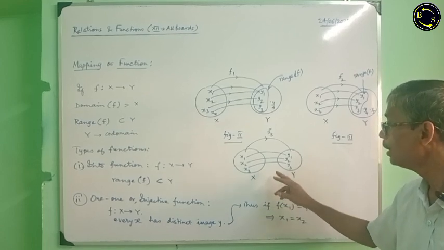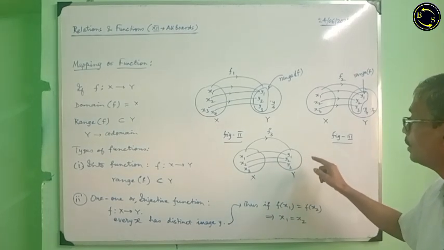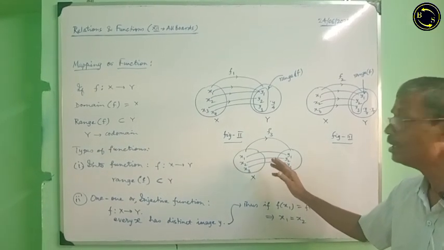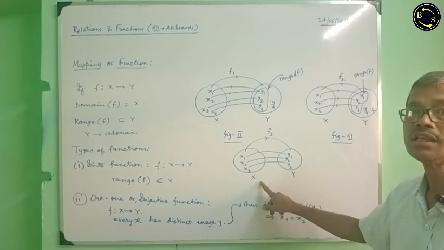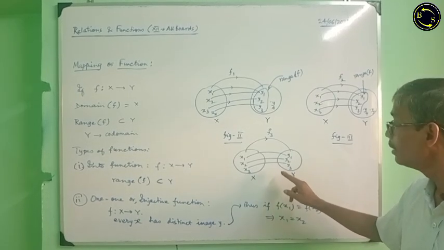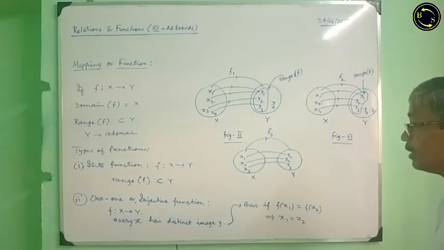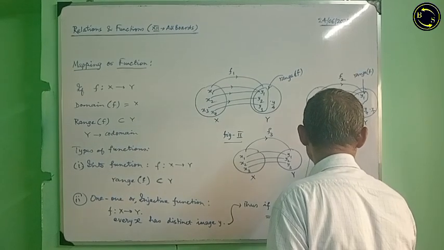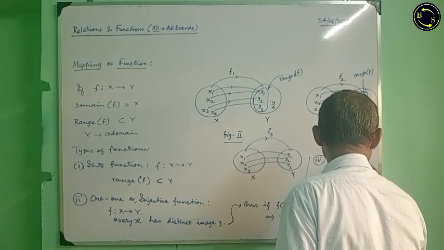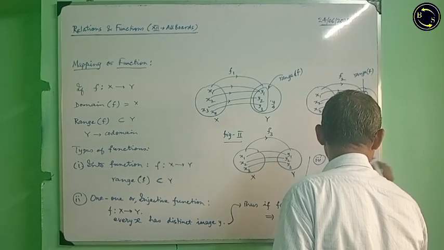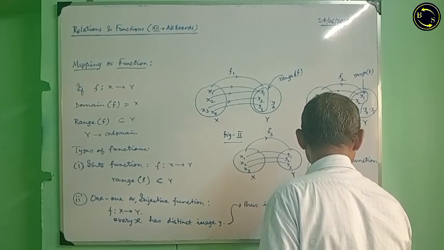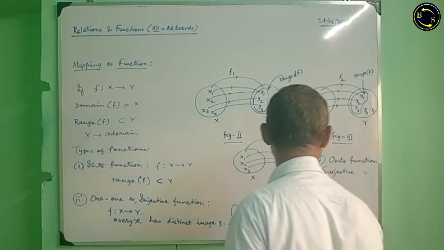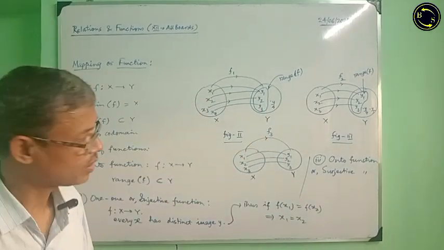Therefore, this is the case that for every y in set Y, we get some pre-image x in set X. Then we say this function is an onto function, and the other name is surjective function or surjection.